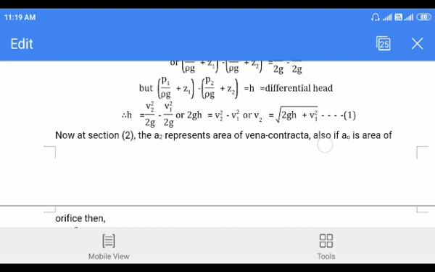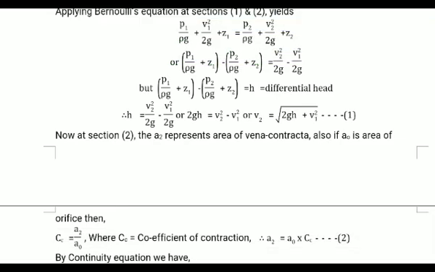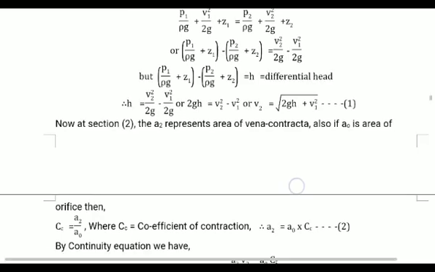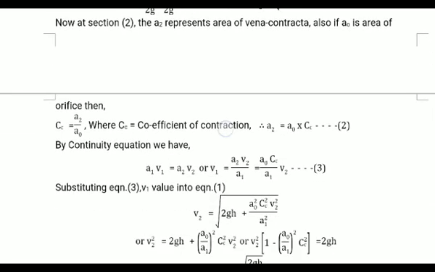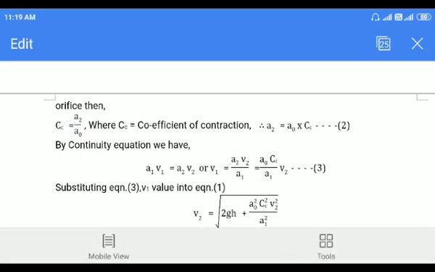Now at section 2, A2 represents the area of the vena contracta. Also, if A0 is the area of the orifice, then I can use the coefficient of contraction, Cc, given by A2 divided by A0. A2 is the area at section 2, and A0 is the area of the contraction.